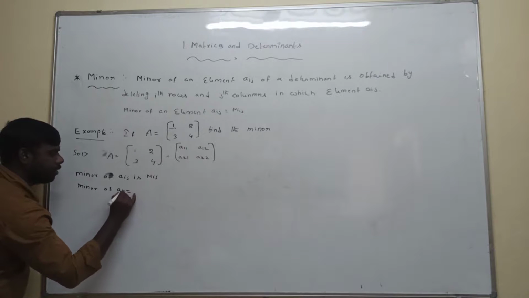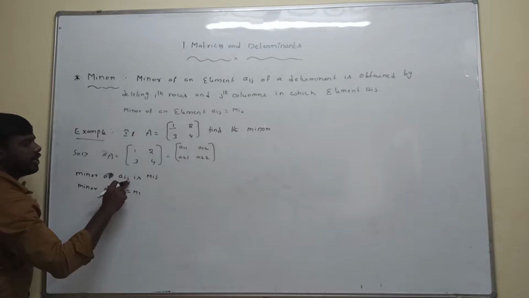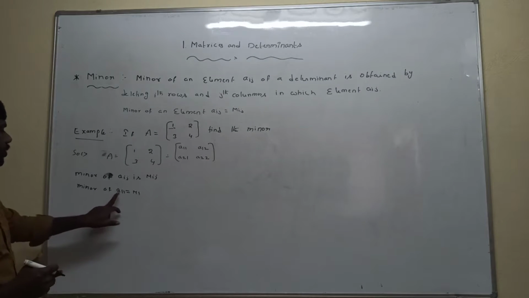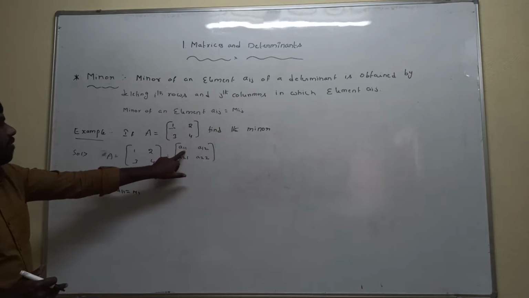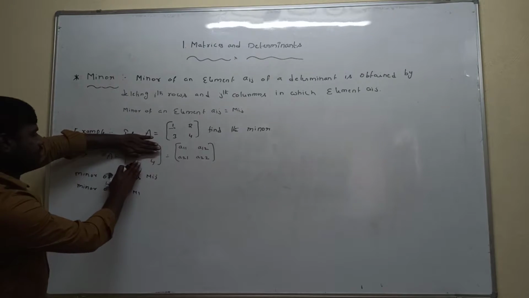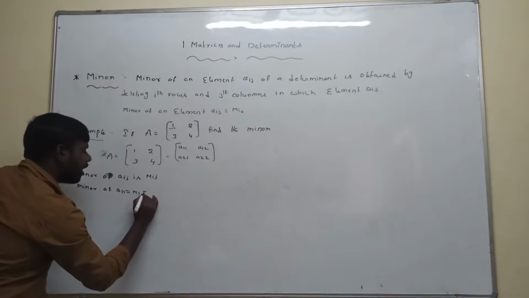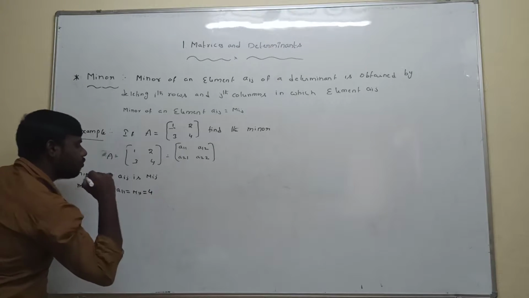It is denoted by M11, because i is the ith row and j is the jth column. So dear students, what is the element A11 here? It is 1, present in the first row and first column, which are eliminated. What is left of the elements here? 4. So M11 is 4.